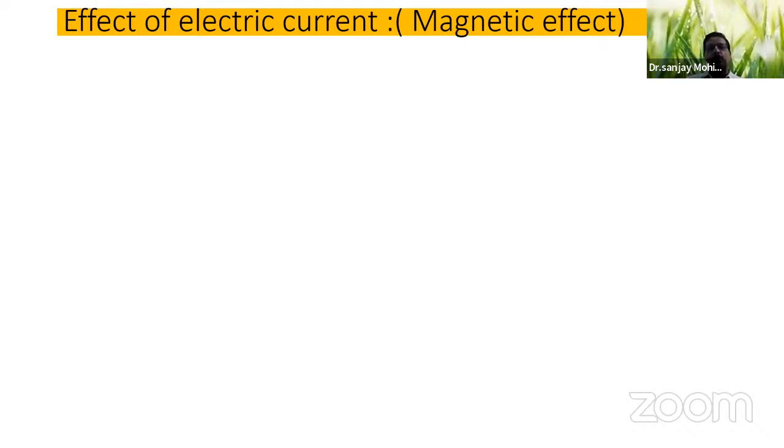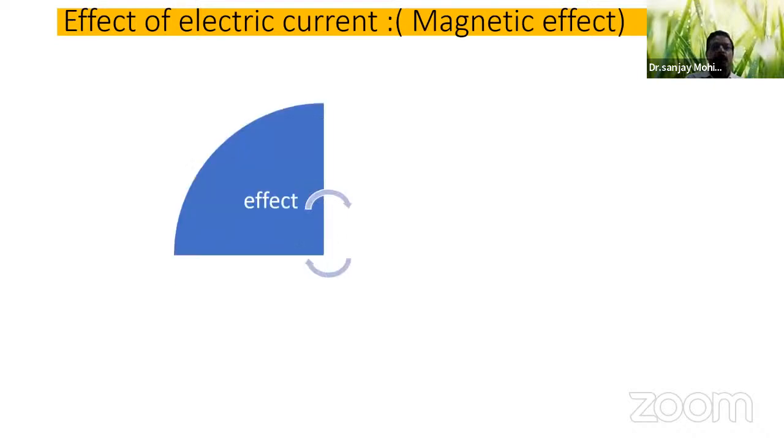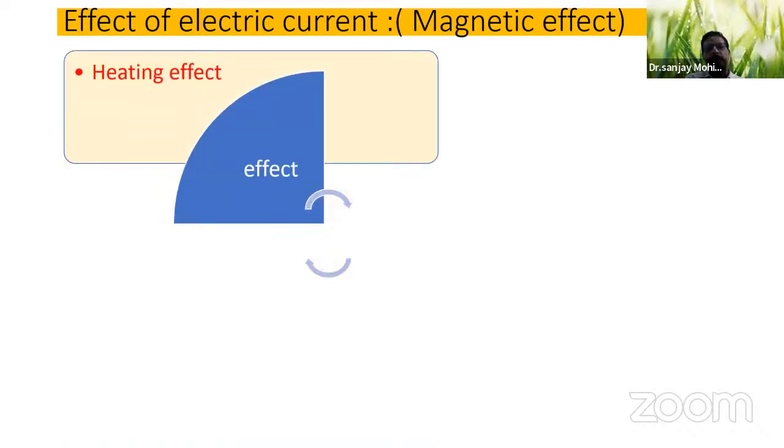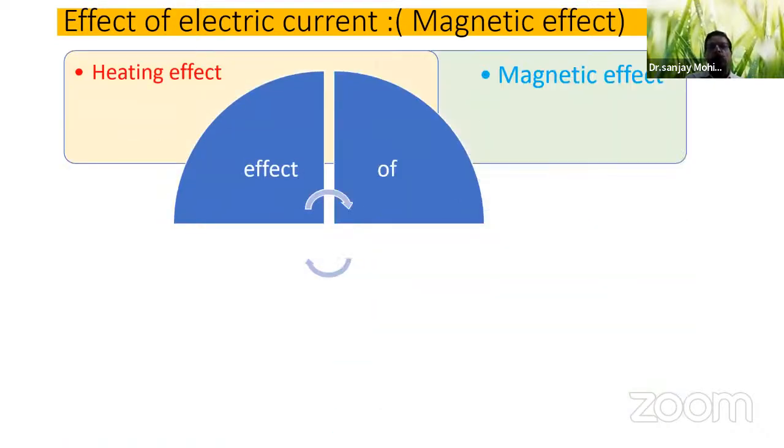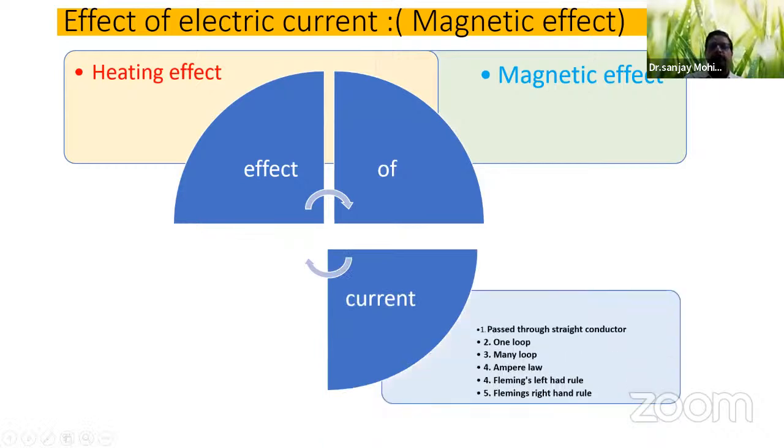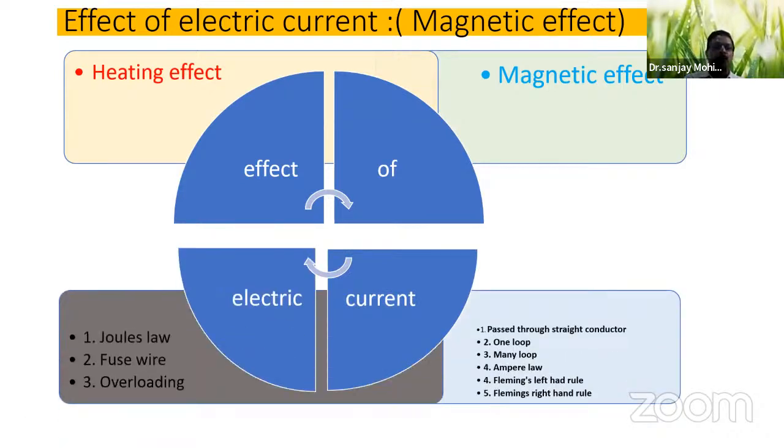One is called the magnetic effect and the other is called the heating effect. In the heating effect, we are going to learn the part called Joule's law, fuse wire, and the concept like overloading. So what is meant by Joule's law, fuse wire, overloading? That thing we are going to learn.